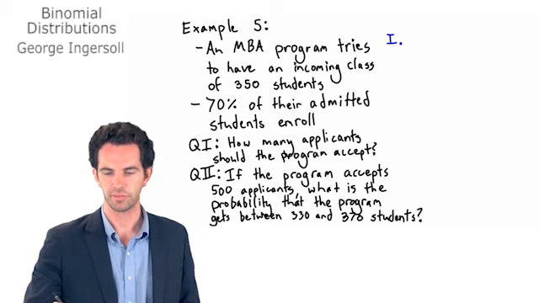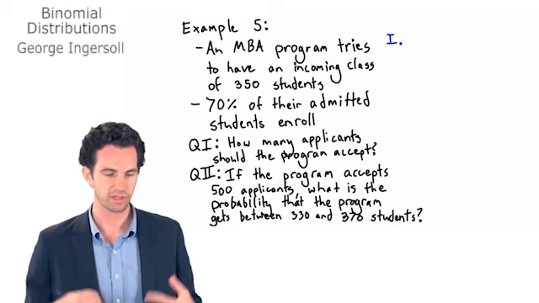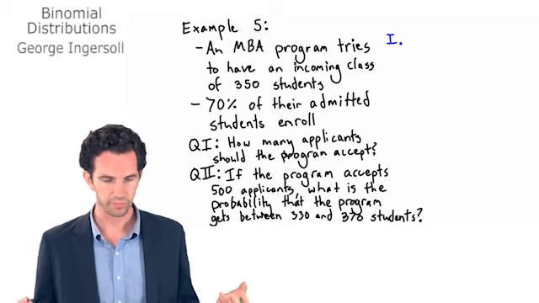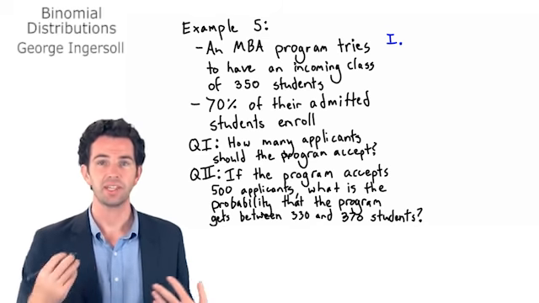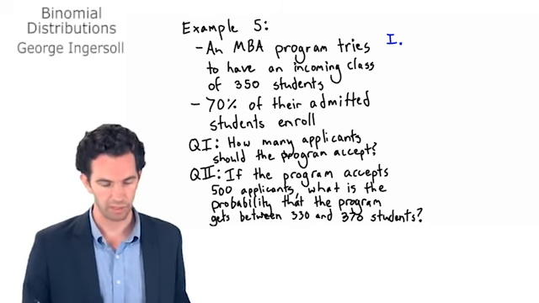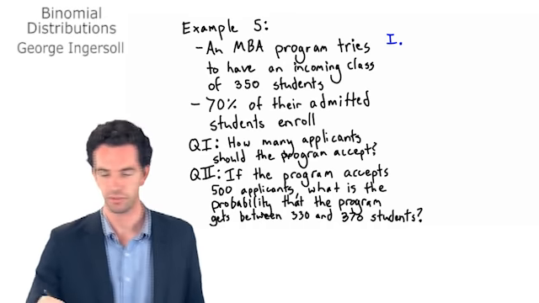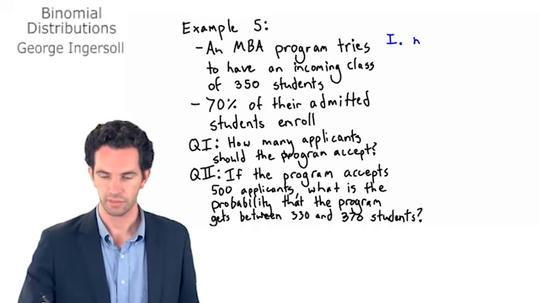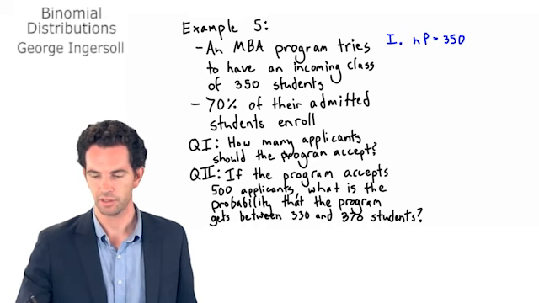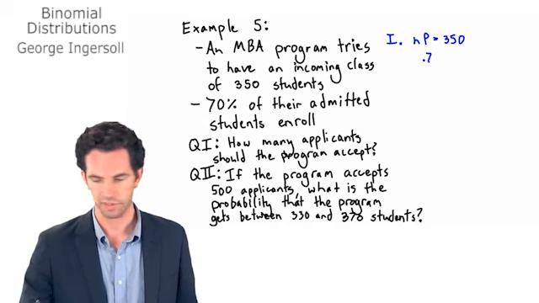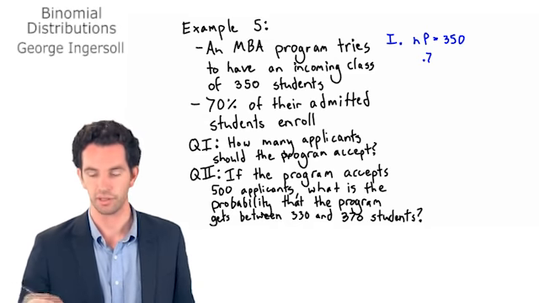Let's put this up here. Well, we know 70% of them enroll. We want 350. So if the expected value is n times p, we just have to figure out what n is. We're saying n times p, we want it to be equal to 350. And we know that p is going to be equal to 0.7, because that's our acceptance rate.